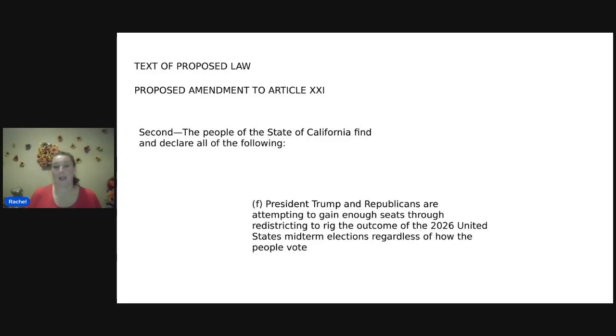F. President Trump and Republicans are attempting to gain enough seats through redistricting to rig the outcome of the 2026 United States midterm elections, regardless of how the people vote.